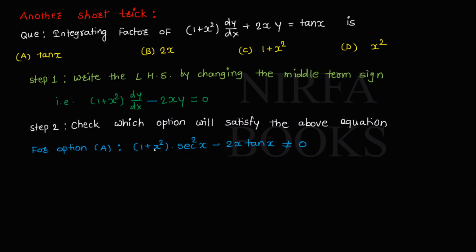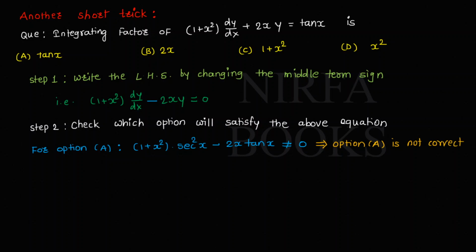So 1 plus x square keeping as it is, y is here, I am putting tan x, therefore the derivative of tan x is sec square x, minus 2x keeping as it is, and instead of y I am putting tan x. And if you see, these two terms will not cancel out with each other, and therefore the answer of these two terms will not equal 0, and hence we can say that option A is not our integral factor.